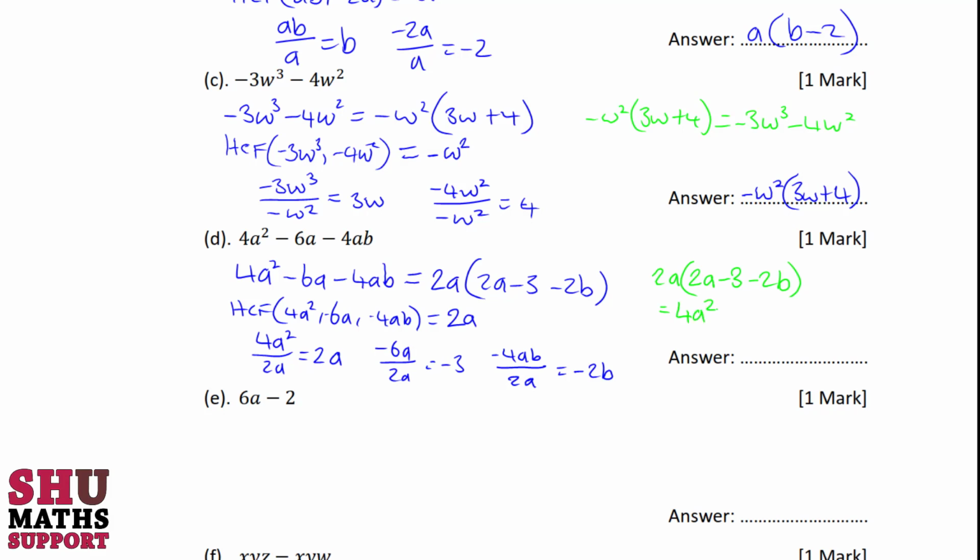And then we have 2a times minus 3, which is minus 6a, and 2a times minus 2b, so we have 2 times minus 2, which is minus 4, and then a times b is just ab, so minus 4ab. So we're left with 4a squared minus 6a minus 4ab, which is our original expression, so we know our solution's correct. And then on our answer line, we'll write 2a times by 2a minus 3 minus 2b.